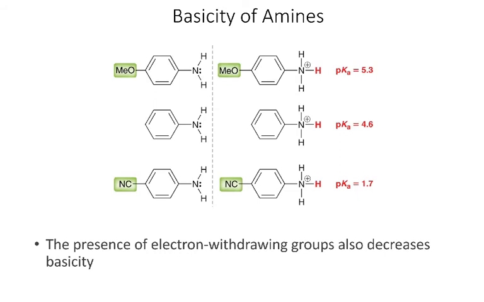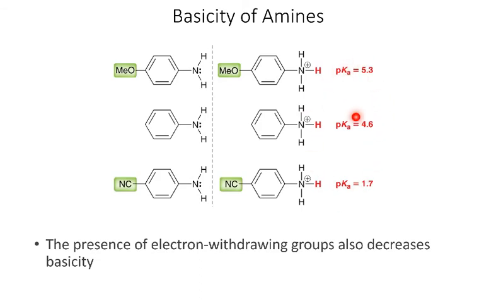Now, back when we were talking about the acidity of carboxylic acids, we looked at the effect of electron withdrawing and electron donating groups, and so we can do the same thing when thinking about the basicity of the amines. And so what we're showing on this slide is we have just aniline as sort of our control, and then we've added an electron donating group and an electron withdrawing group. And so you can see what happens to the pKa of the conjugate acid.